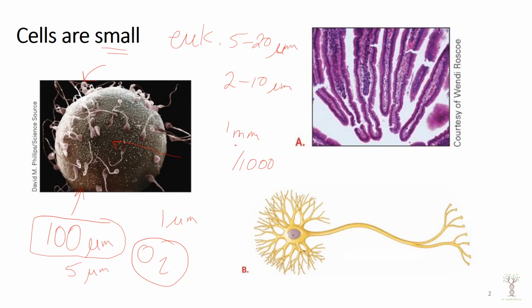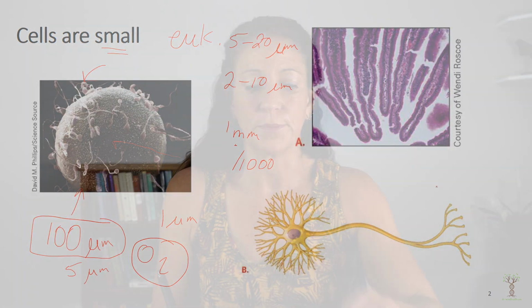The other thing is that not all cells are round. Sometimes cells have structures, so they can technically be bigger if they're not round. If we look at the intestinal layer inside of our digestive tract, we have structures called villi and microvilli, and this increases the surface area for digestion.